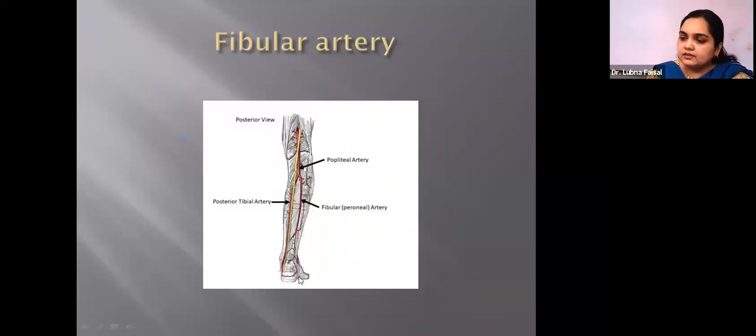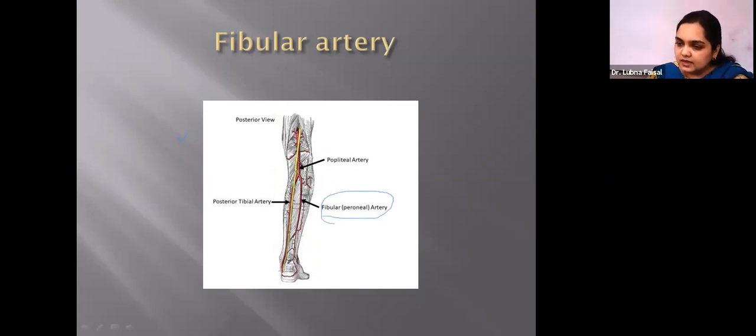Fibular artery. This is the largest branch of the posterior tibial artery at its origin in the popliteal fossa. The popliteal artery divides into the anterior and posterior tibial artery, and here the posterior tibial artery gives its longest and largest branch, that is the fibular or the peroneal artery.